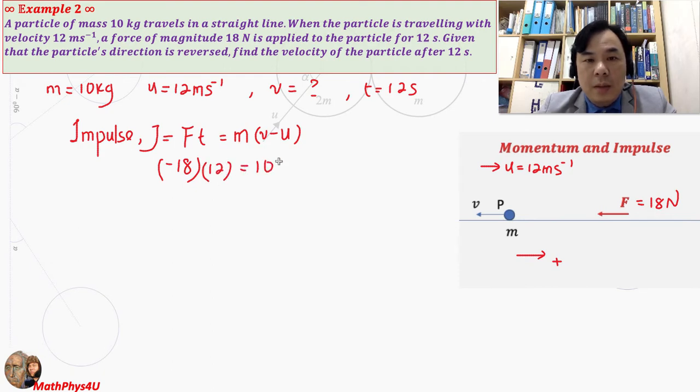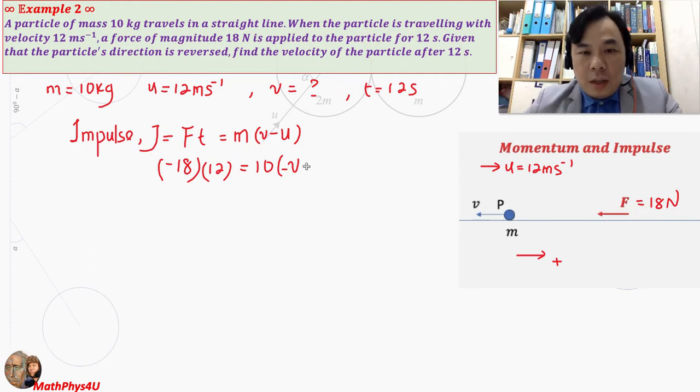Mass is 10. V is the one that I'm interested to find. Of course, I knew that V is in the opposite direction, definitely. So you might want to put a negative sign here, for instance, because it's acting in the opposite direction.